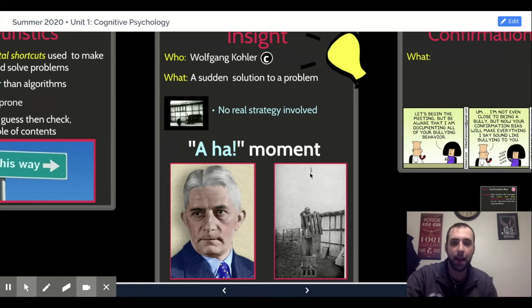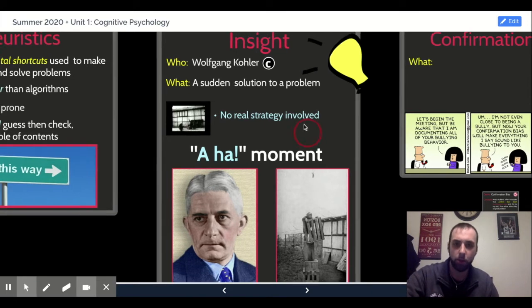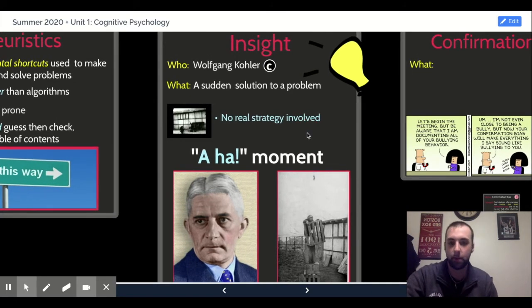What he found is that after a while, those animals would be able to come to a solution. They would struggle for a little while. They would sit there and try different techniques. There wasn't really any rhyme or reason to it, but then all of a sudden the light bulb went off and they kind of had this aha moment. And whether it was stacking the boxes like you see here or utilizing the tools in a unique fashion, it suddenly seemed like these animals determined a solution seemingly out of the blue.